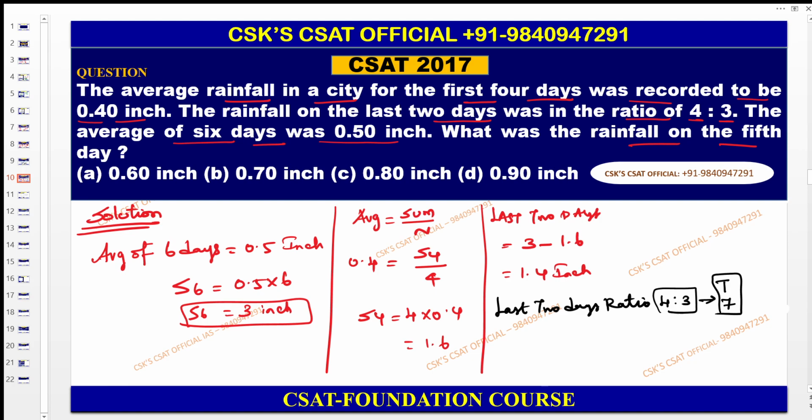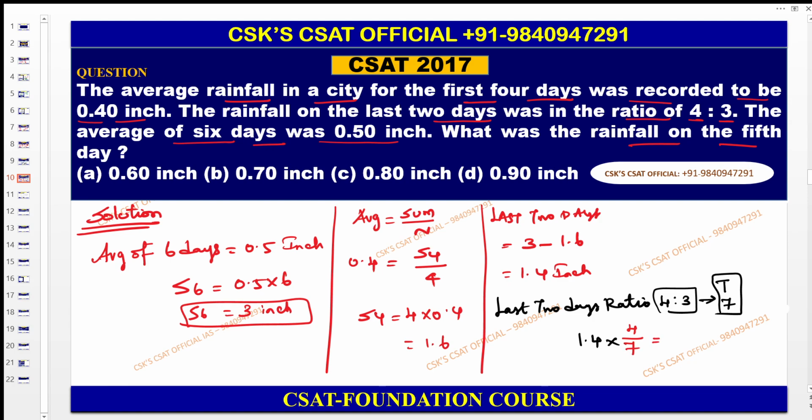So now with 1.4 you need to find the 5th day. This is the 5th day, this is the 6th day in the ratio. If 4 inch is the 5th day, then 3 inch is the 6th day. If 8, then 6. So like that, 1.4 into 4 by 7.